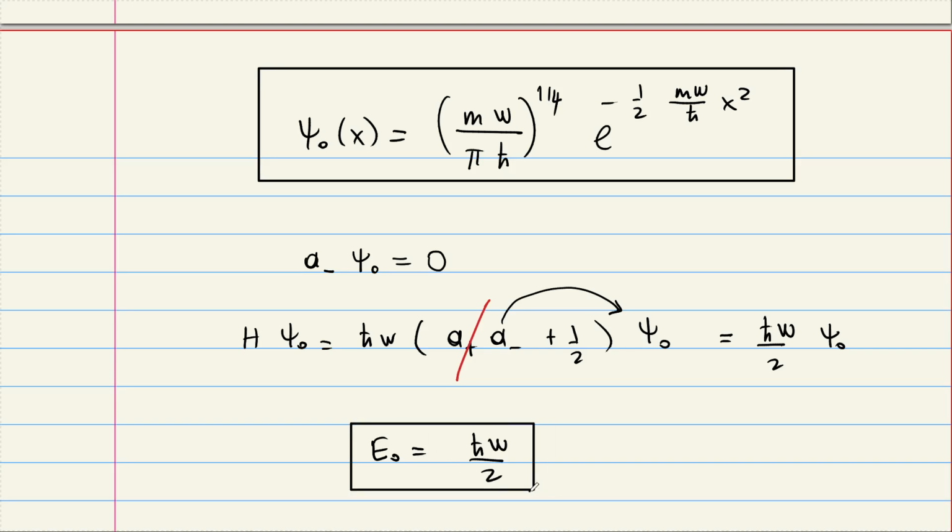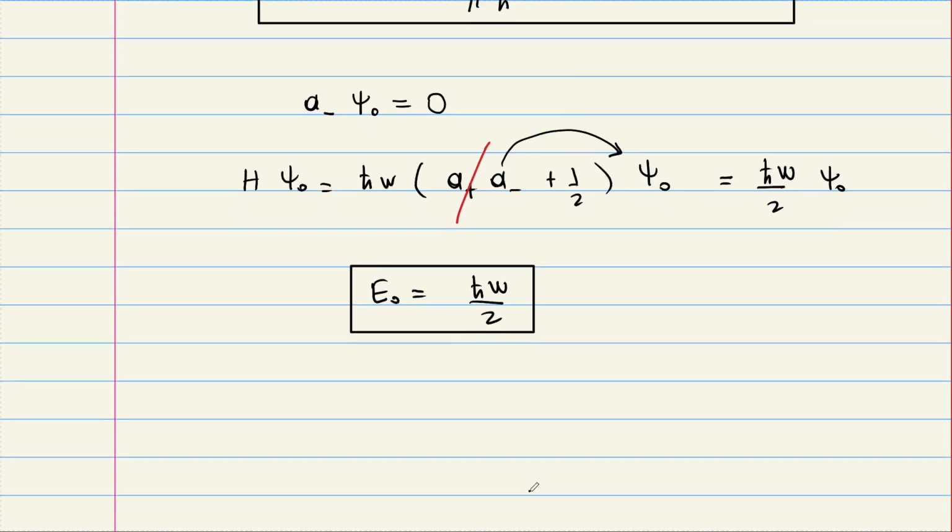Good. And now the problem is solved. For example, I can think about any other state. Because I know if I hit this state n times, energy is going to increase by h bar omega times n. Then a state like this, psi n of x, there will be some normalization constant. Let's keep it unspecified for a moment. We'll calculate it in a little bit.